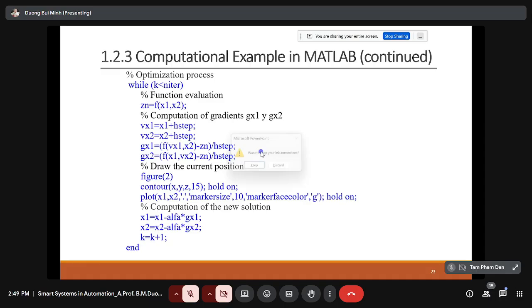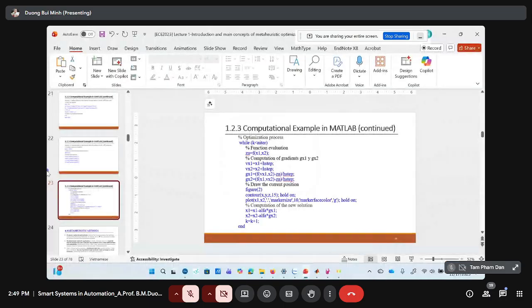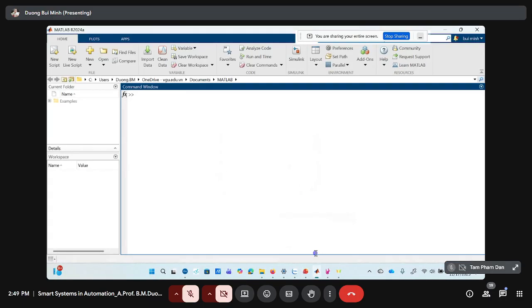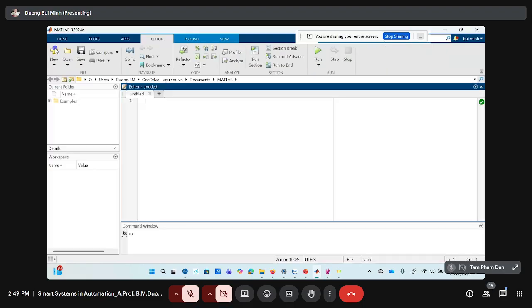Now you just copy it. I open MATLAB, and then you go to new script.